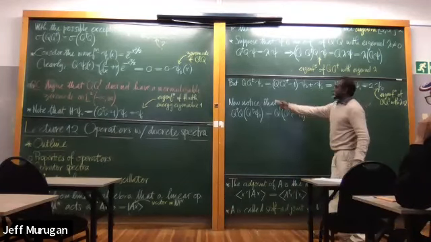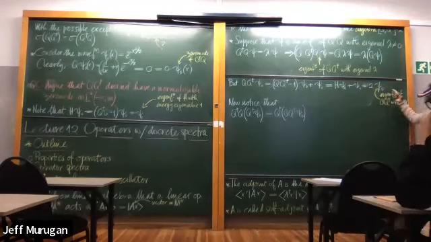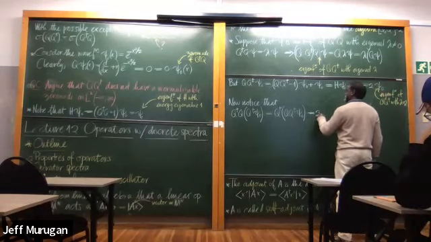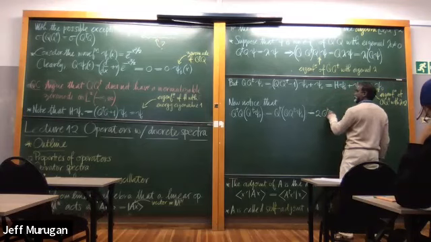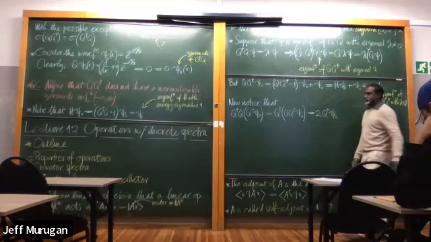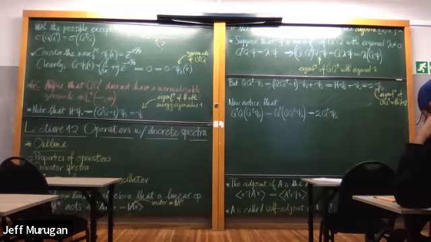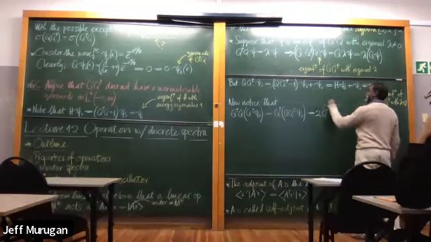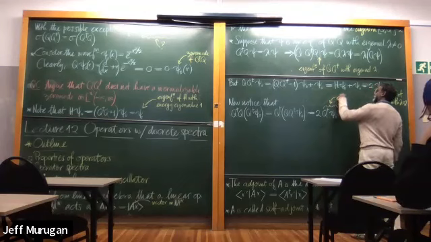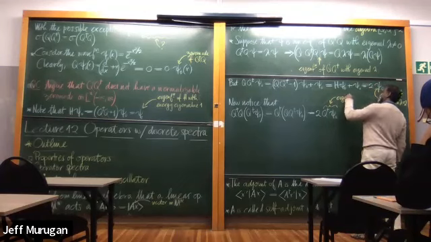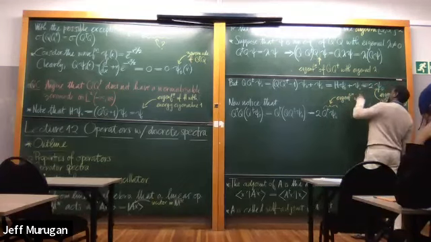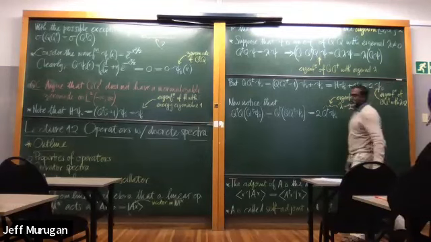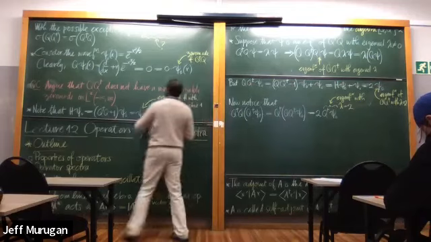But Q dagger psi naught, we've just proven, is 2 psi naught. That's 2 Q dagger psi naught. In other words, this combination here is an eigenfunction with eigenvalue 2. Let me just summarize here.